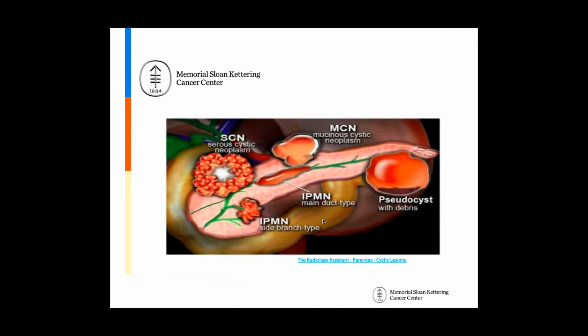Those tend to be multifocal and, like in this diagram, show communication to the pancreatic duct. And then out in the tail, you have a pseudocyst, and those usually follow either an endoscopic procedure where the patient developed pancreatitis or a flare of pancreatitis on its own. That's a known complication of pancreatitis, which Sarah's going to talk to us about later on.